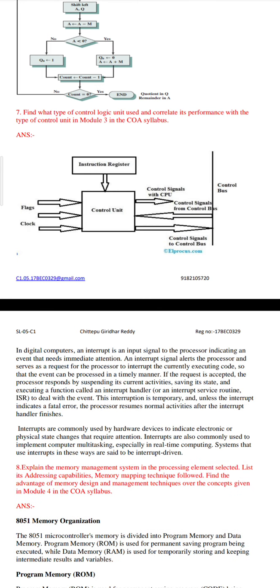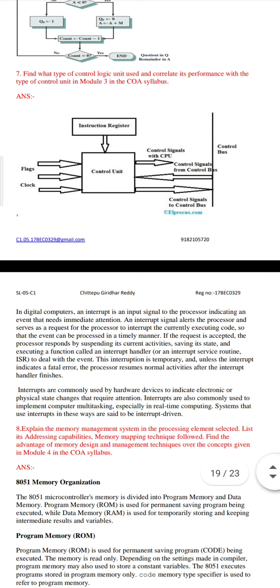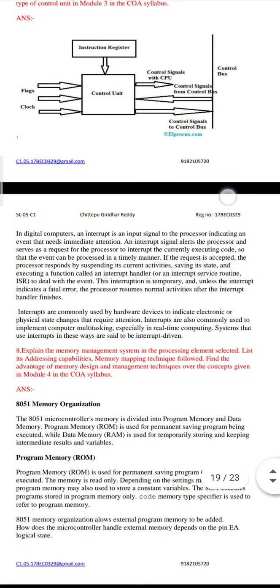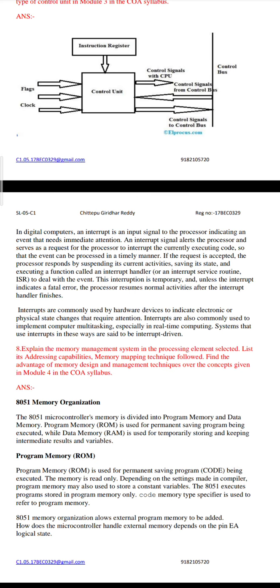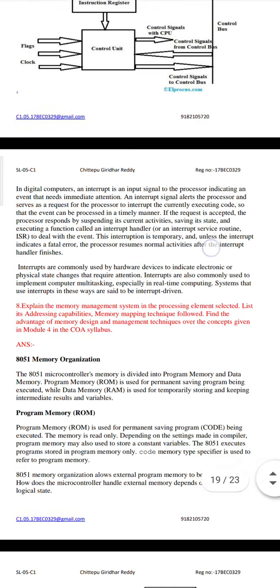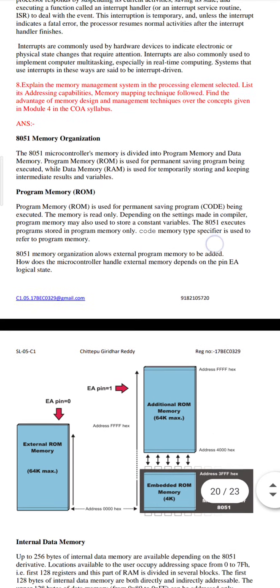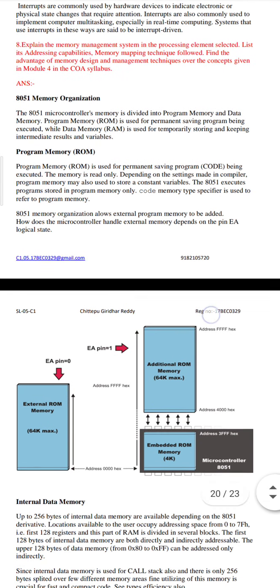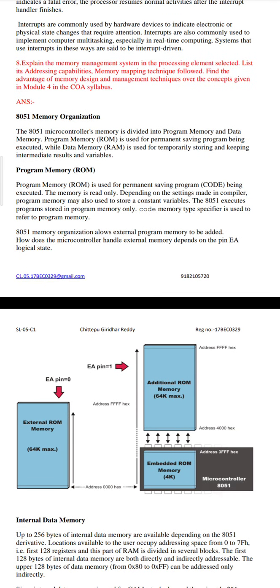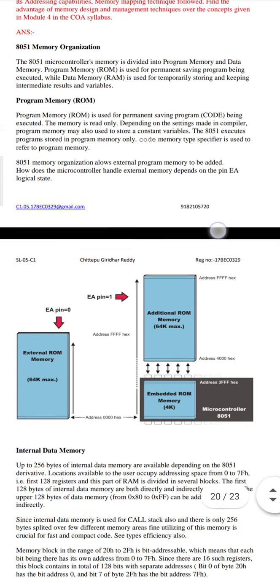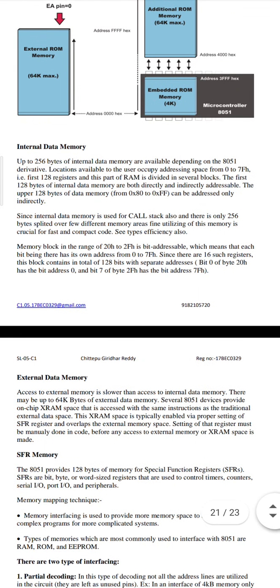There is a type of control unit and its correlated performance, the type of control unit in model 3, as we discussed in the computer organization and architecture syllabus. The control unit has flags, clocks, and the instruction register. We also have the 8051 memory organization, which is ROM, RAM, program memory, ROM, and internal data memory.